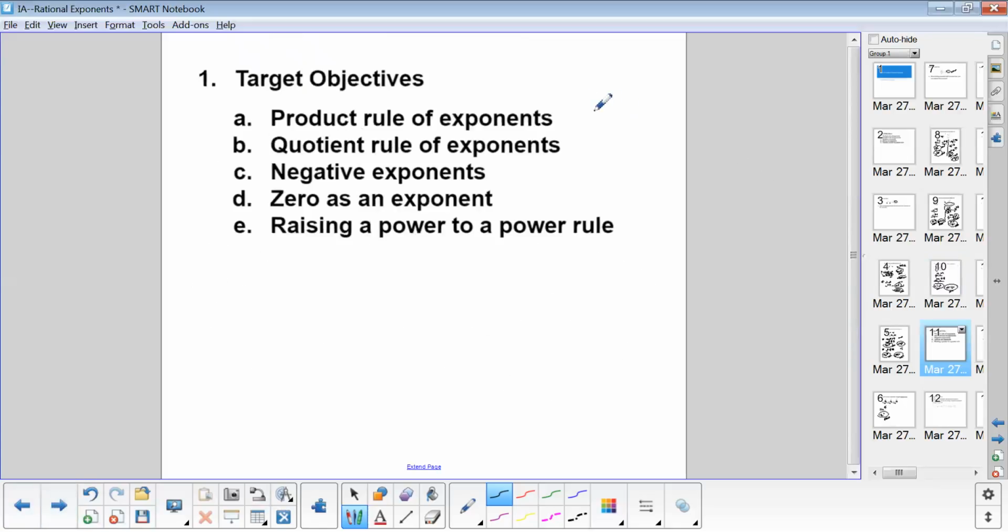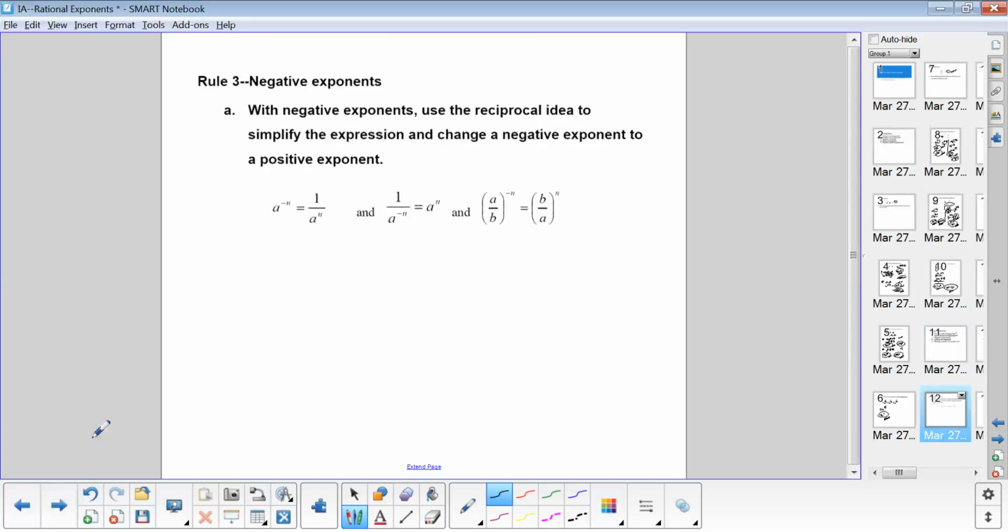So far we've taken care of the product rule, we've taken care of the quotient rule, and so now we're going to look at negative exponents. This definition is saying that any time we have a base to a negative exponent, we are allowed to write it as a reciprocal. We'll look at the next page where it shows some patterns, and we'll look at those in class as well.